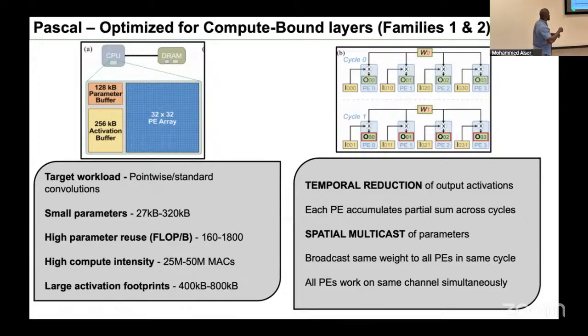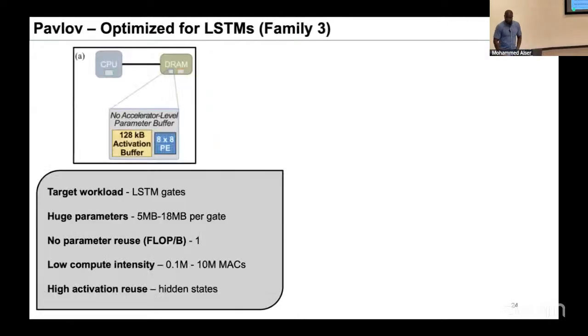So instead of doing each sum at every single cycle, it just accumulates them. Next, the next engine is Pavlov, which is optimized for LSTMs. If you're familiar with LSTMs, they have huge gates and very huge parameters.